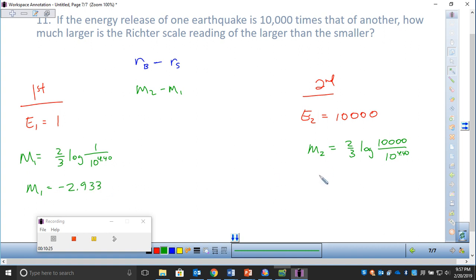Over here, magnitude 2 is negative 0.266 repeating. So magnitude 2 minus magnitude 1 is negative 0.266 minus negative 2.933. We all know what to do when we have minus and negative: plus positive. So add those together.